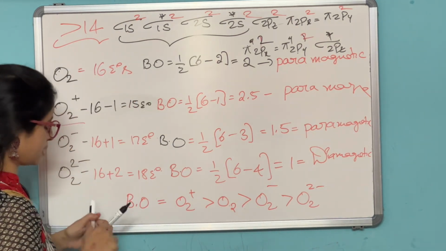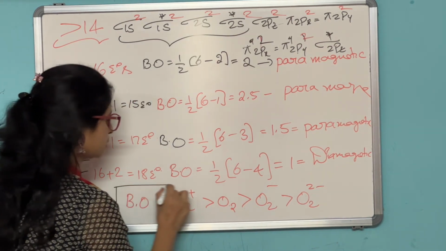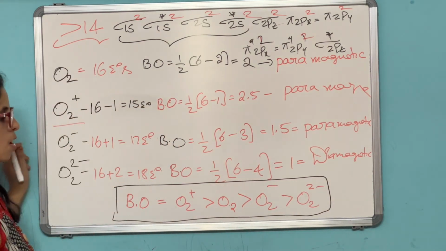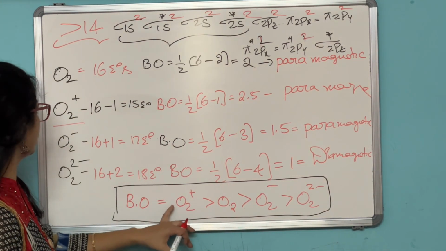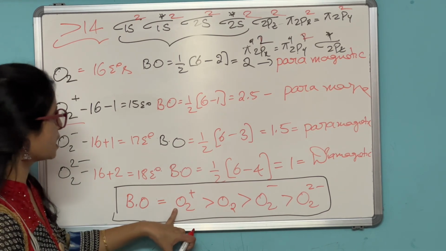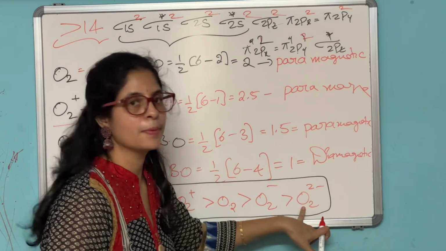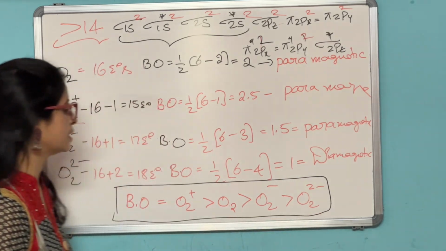This is the stability order for oxygenyl ion, oxygen, superoxide and peroxide.